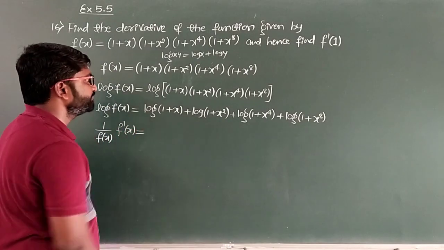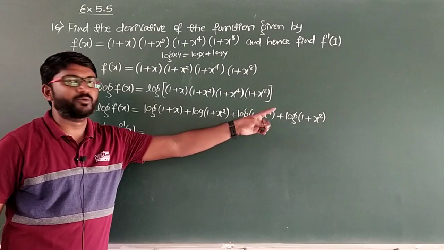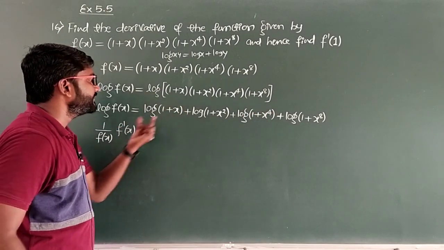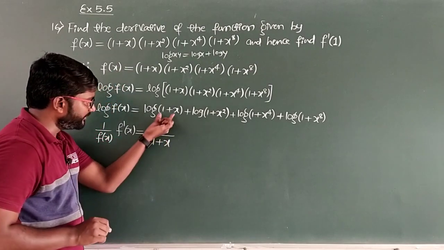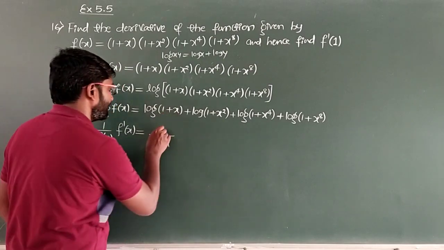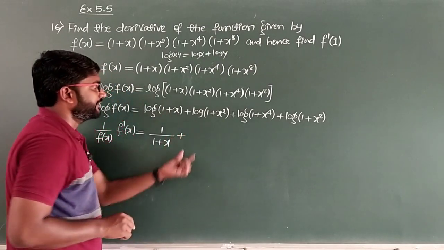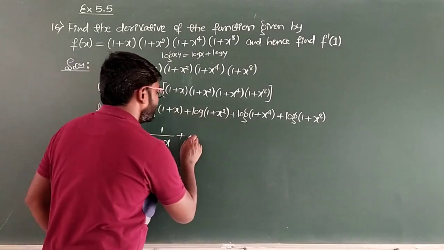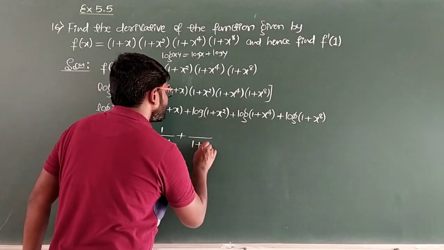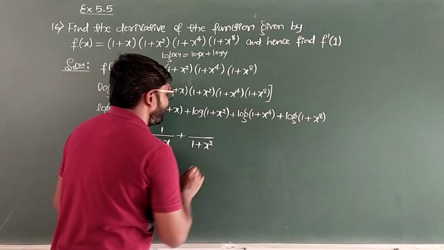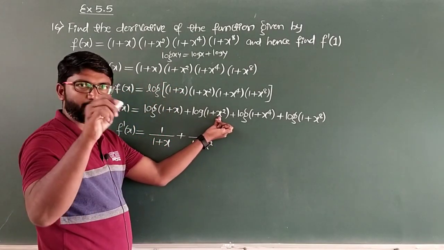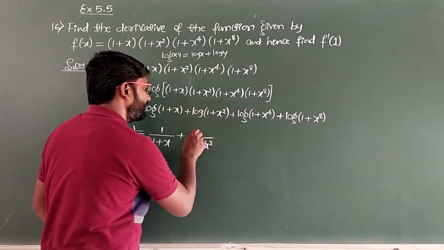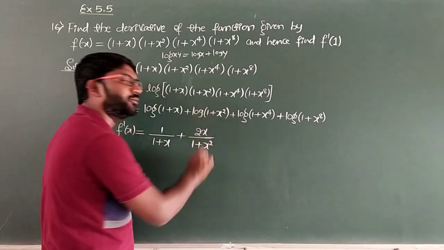This is equal to, now take the derivative of all these four functions. The derivative of log 1 plus x will be 1 divided by 1 plus x, and the derivative of the inside function will give us 1. Again, the derivative of log 1 plus x square will be 1 divided by 1 plus x square, and the derivative of 1 plus x square: derivative of 1 is 0, and of x square is 2x, so 0 plus 2x will be 2x, that we write in the numerator.